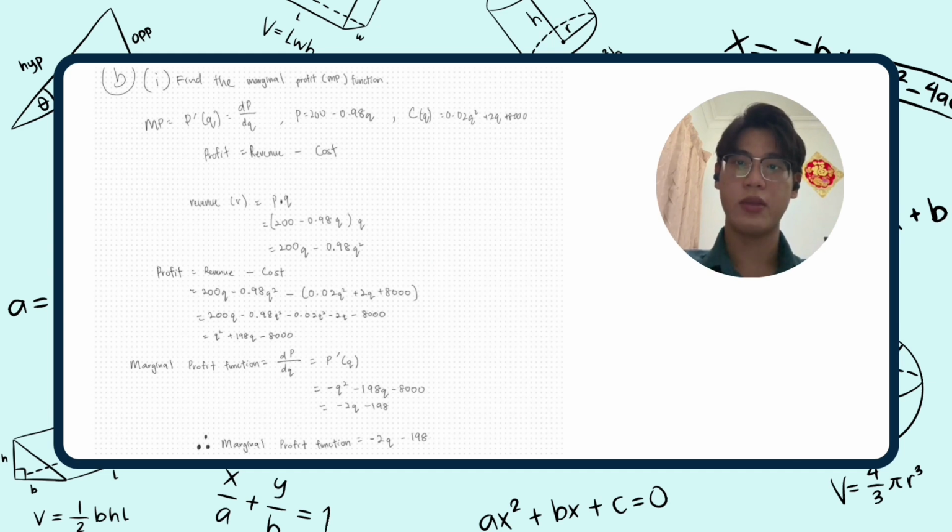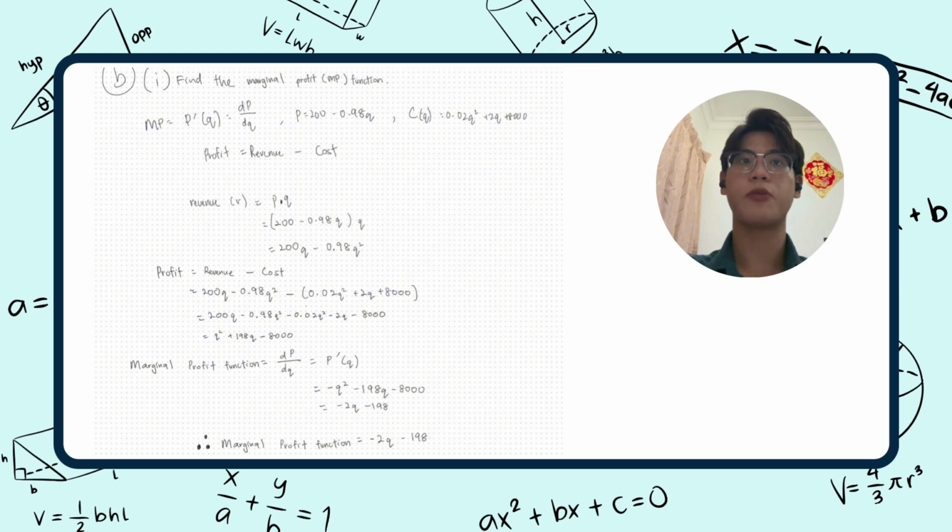For the profit, we use revenue minus cost. So we get 200Q minus 0.9Q squared minus the cost, which is 0.02Q squared plus 2Q plus 8,000. That gives 200Q minus 0.9Q squared minus 0.02Q squared minus 2Q minus 8,000, and we get the answer, which is negative Q squared plus 190Q minus 8,000.